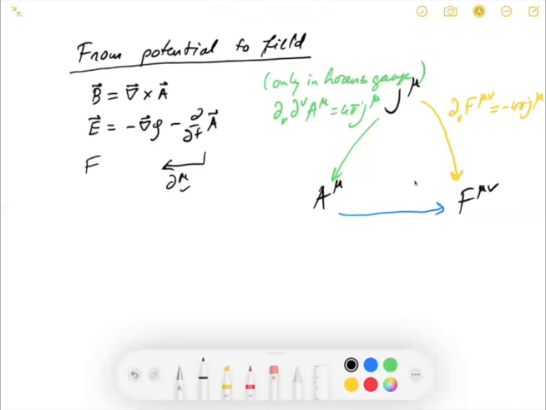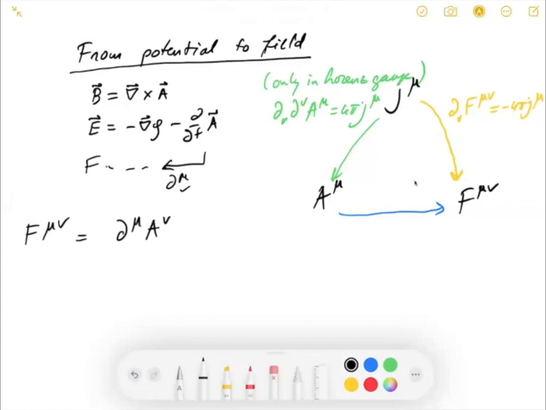So that's the general shape that we would need. So let's say we have del mu A nu, and we're going to call that the field tensor.